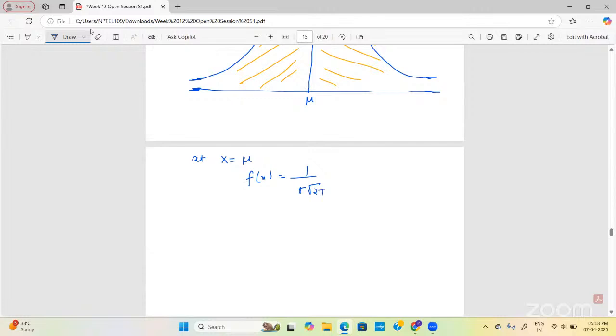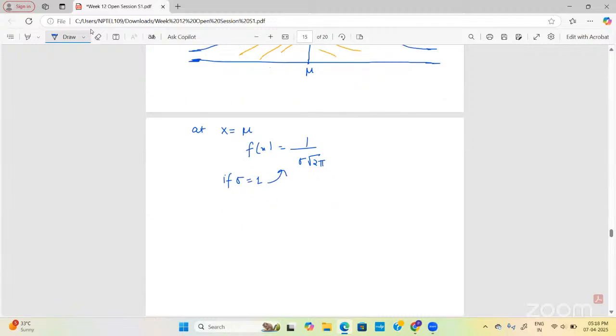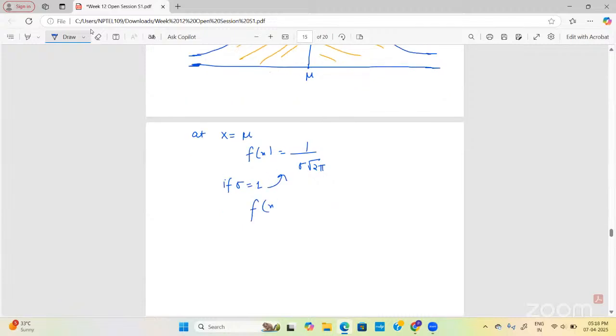And if I put sigma equals 1, then it will be 1 upon under root 2 pi. Which means that if the mean is mu and the standard deviation sigma is fixed, the PDF becomes like this.